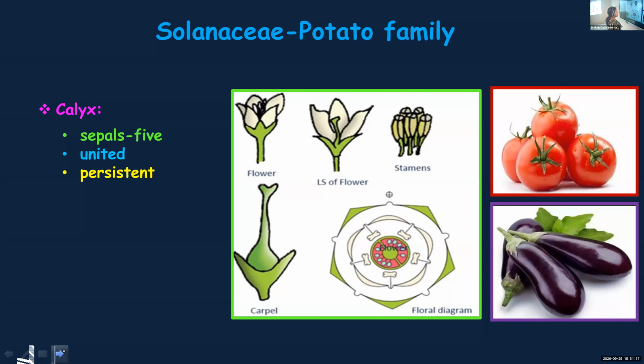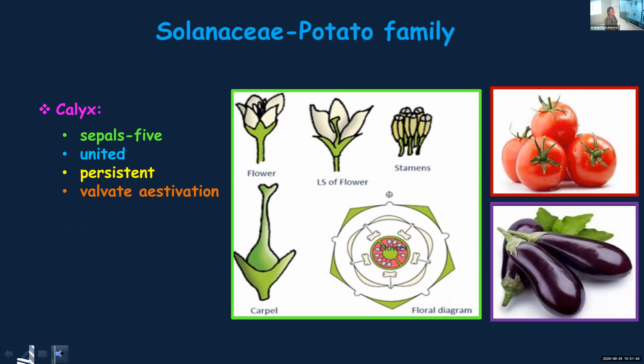In some fruits like brinjal and tomato, you can still find the sepals continuing even after the fruit formation. They are persistent. Normally, once the ovary changes into fruit and the ovule becomes a seed, the remaining parts wither off, but here the sepals persist even after the fruit formation.